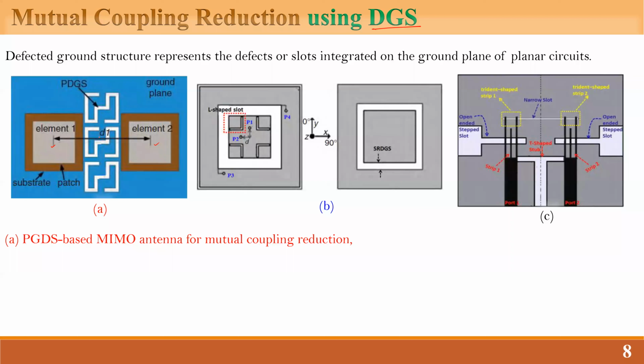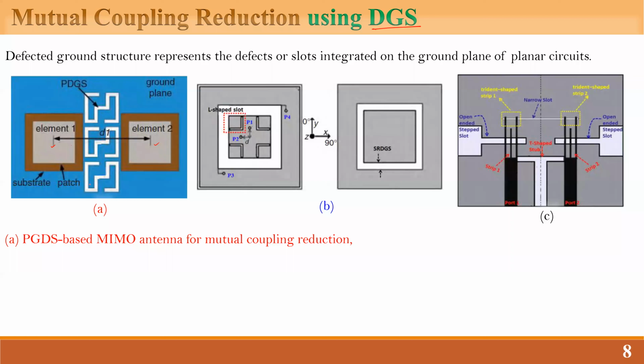Now, what is happening here? This PGDS will significantly interrupt the EM far field, and that will induce a current between these elements. The coupling between these two antenna elements is basically a function of their relative alignment.